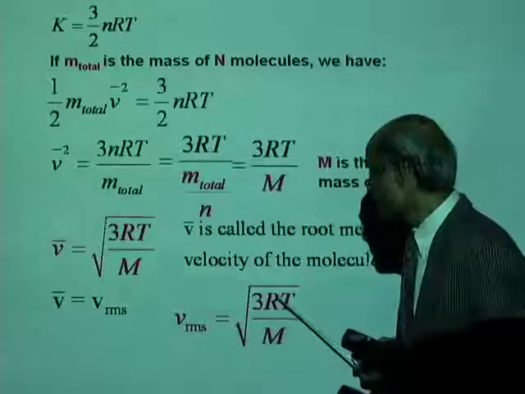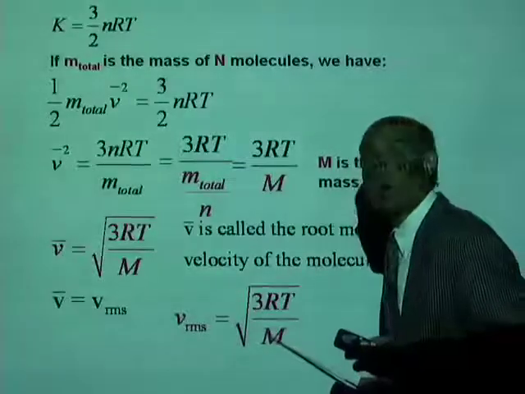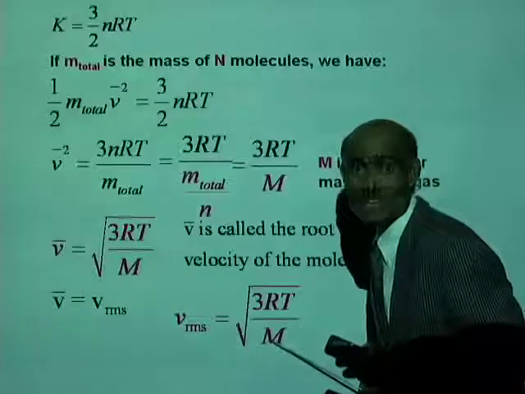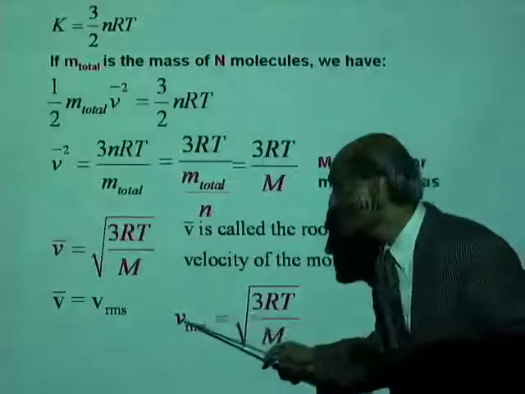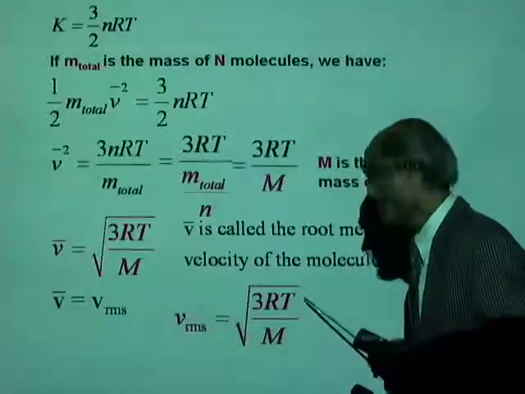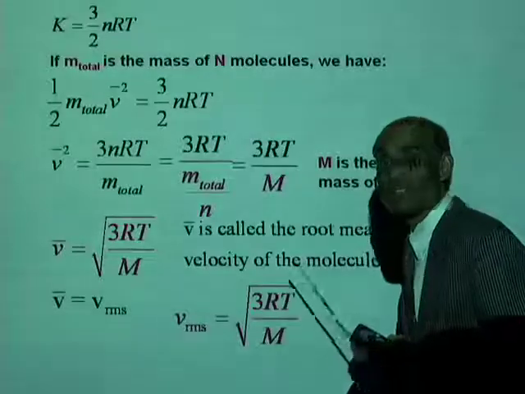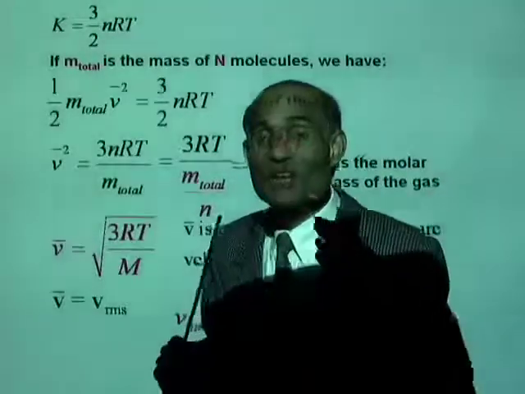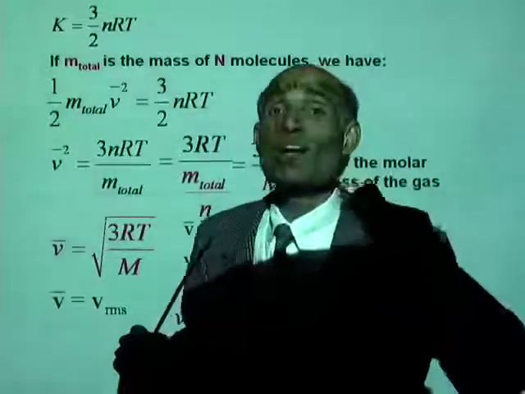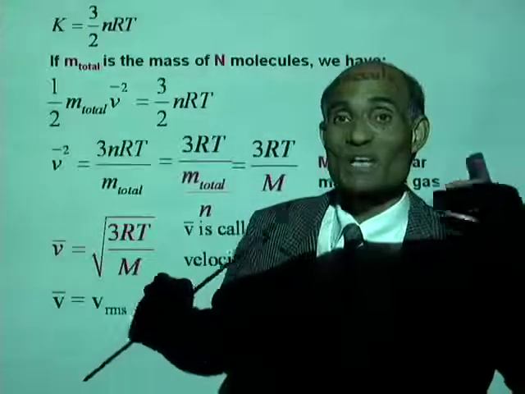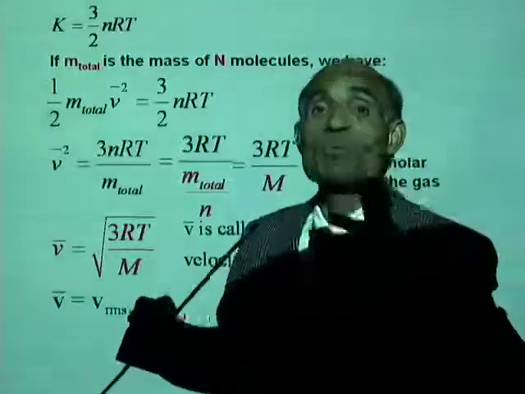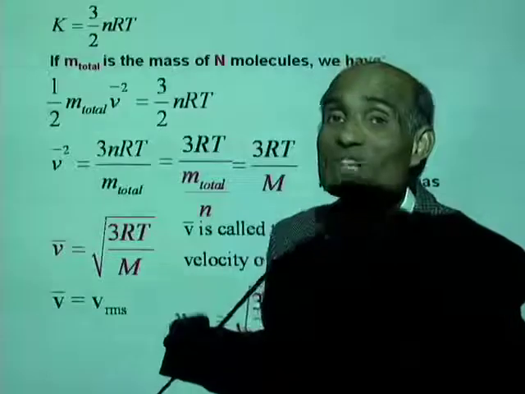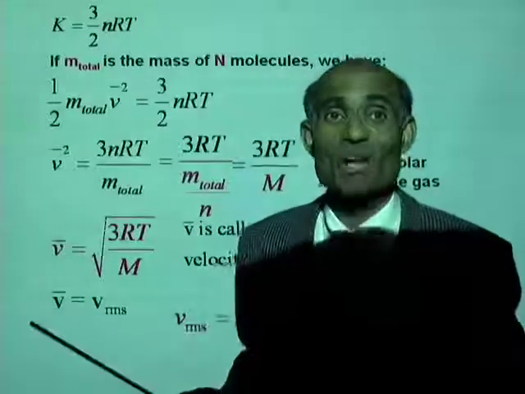You can see R is a constant, the molar mass of a substance is a constant. Therefore, what does the velocity depend on? On the temperature. That means temperature, do you remember in the earlier part of this lesson we said temperature is proportional to the average kinetic energy of the molecules.